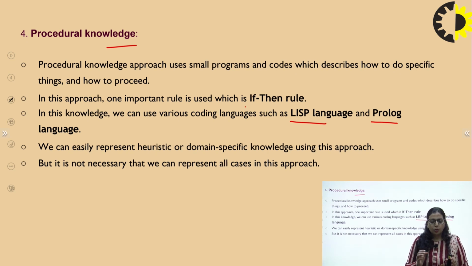It has some conditions, for example, if there is a breaker, then what is the condition? The condition is if there is a breaker, what action needs to be taken. This kind of knowledge can be represented using the procedural approach, with either of the two programming languages.